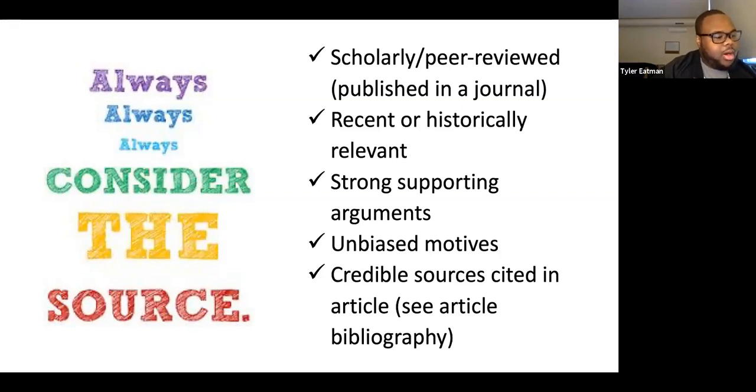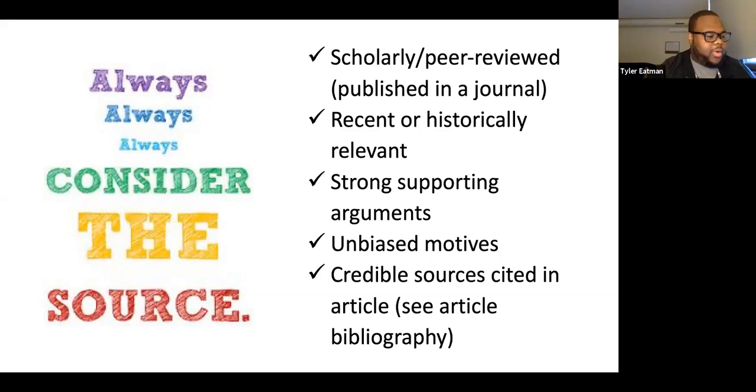Strong supporting arguments from those sources. Unbiased motives. So for example, being aware of articles that are related to race or to laws that might be passed, different bills that were passed as well, things like that.